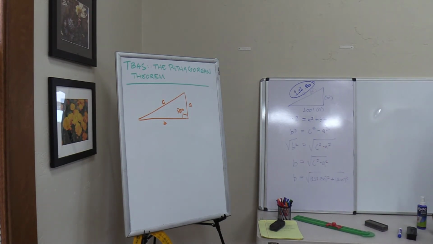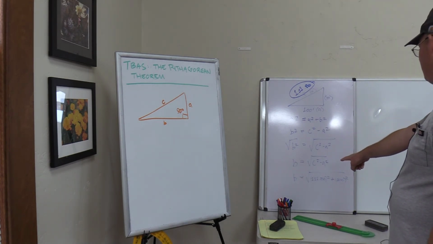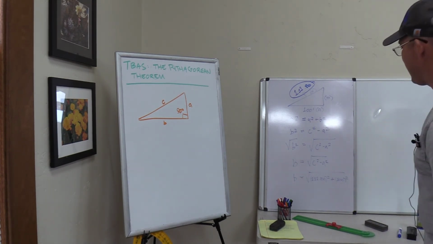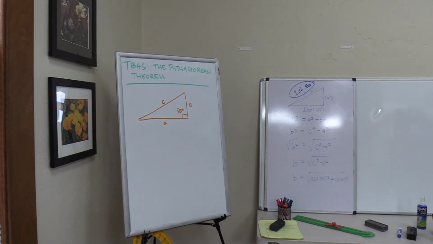That should give us b. So let me go do that on my calculator. All right, I'm doing something wrong with my math. Oh, I'm adding and I should be subtracting.